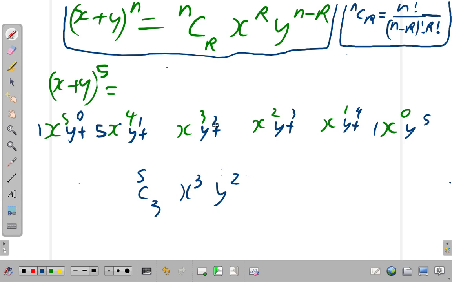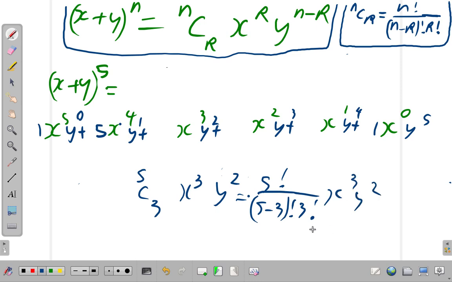You see that? Now, this means 5 factorial over (5 minus 3) factorial times x cubed y squared. Now let's concentrate on this.